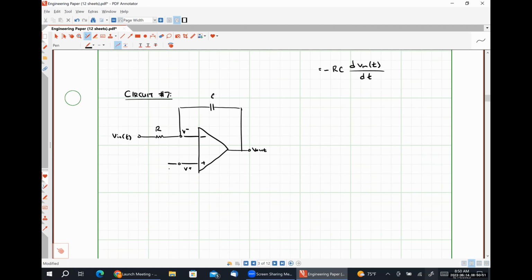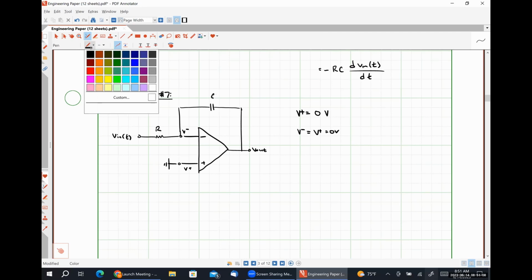And I ground my non-inverting input terminal like so. So we can see by inspection that our non-inverting input voltage is 0 volts, which means our inverting input voltage is also 0 volts.